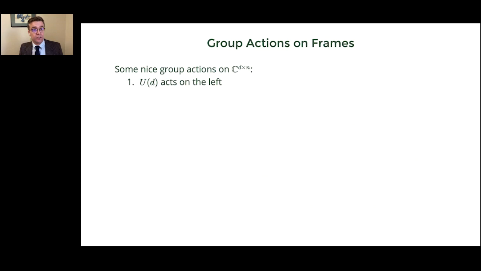That's a reasonable thing to do. And the associated moment map turns out to be exactly, send your d by n matrix F to the d by d matrix F times F star, which we've seen before, right? This matrix that naturally showed up in frame theory.